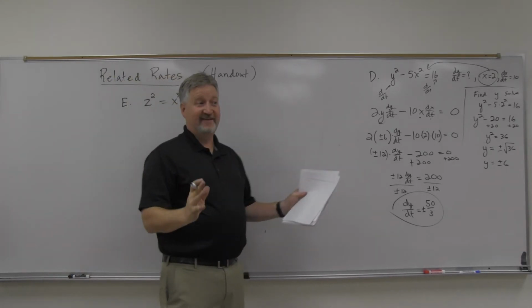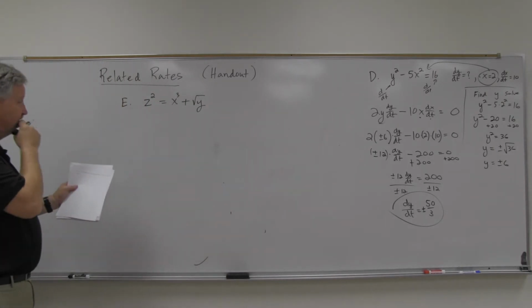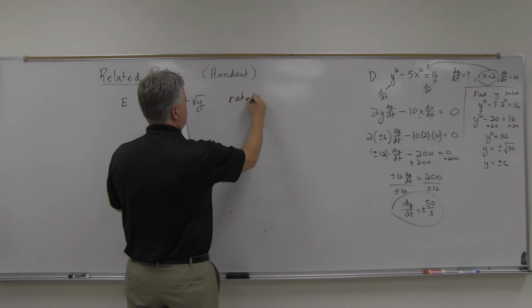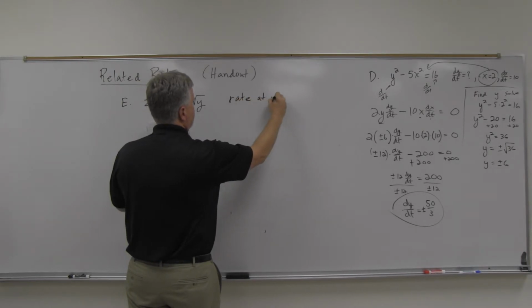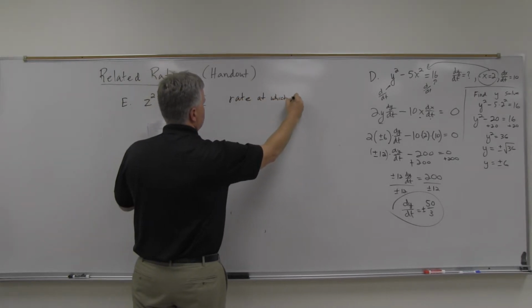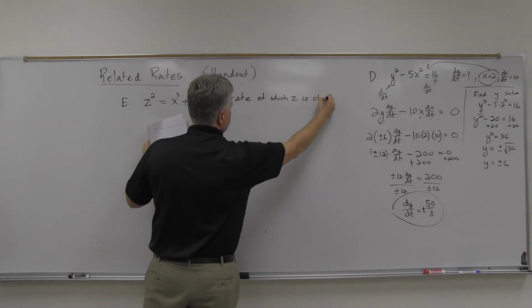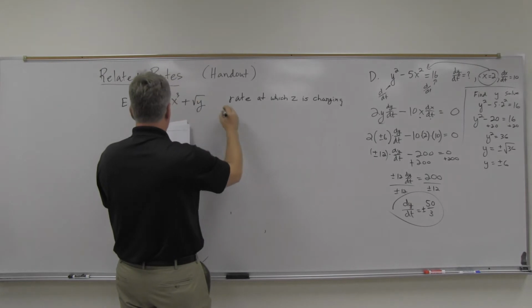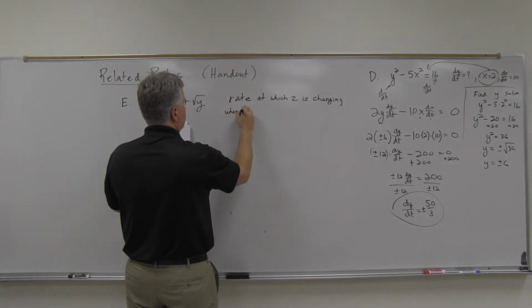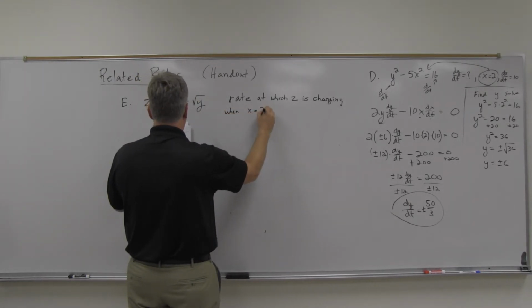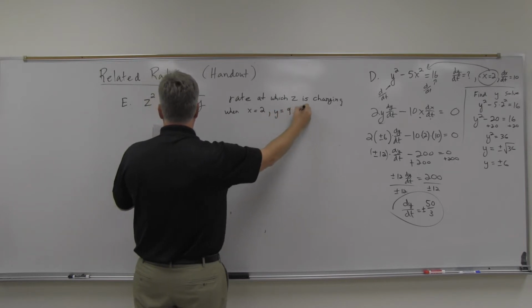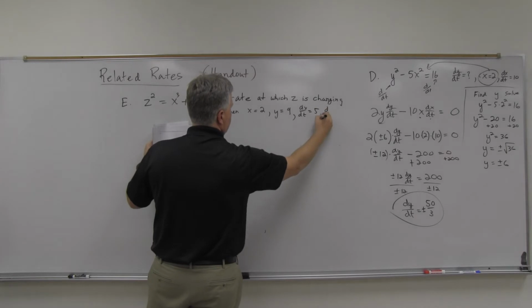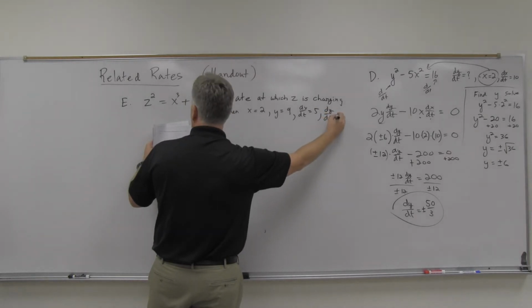Here's the change I make for you on E. Find the rate at which z is changing with respect to t, when x is 2, y equals 9, dx over dt equals 5, dy over dt is 3.